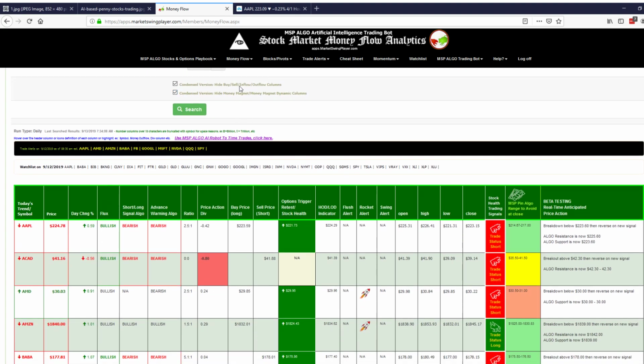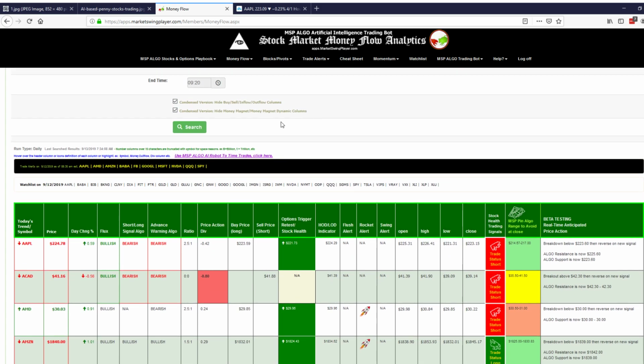you can see we're hiding some of the columns that we really don't need to look at. Those include the buy, sell info, outflow columns of the money flow, and also the money magnet and money magnet dynamic columns. Okay, so the columns that we are displaying are the symbol and the external trend for that symbol.